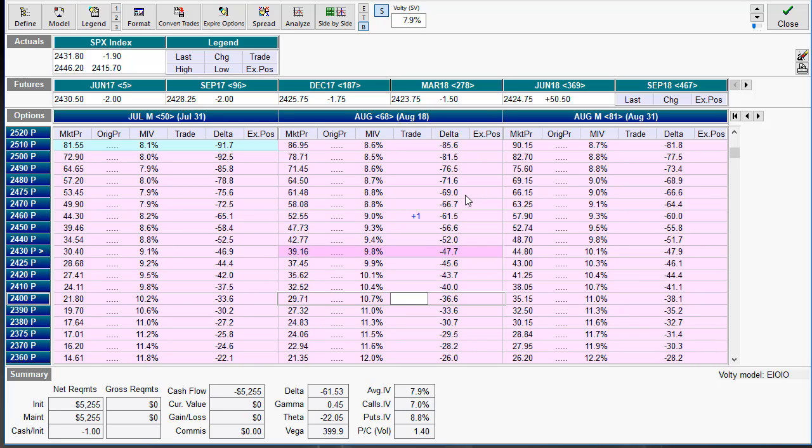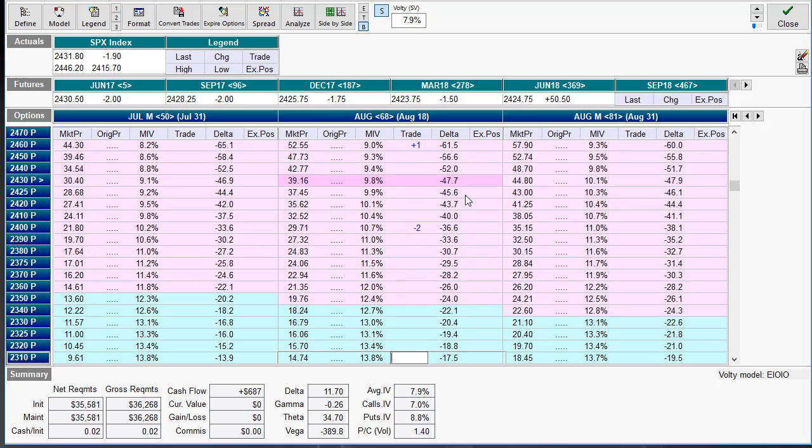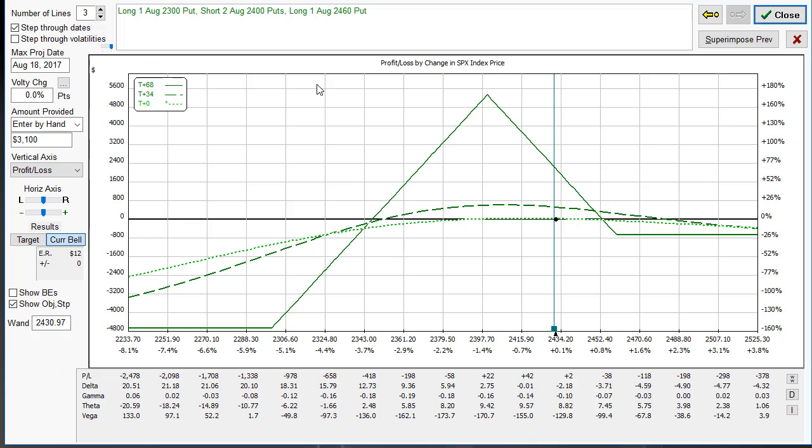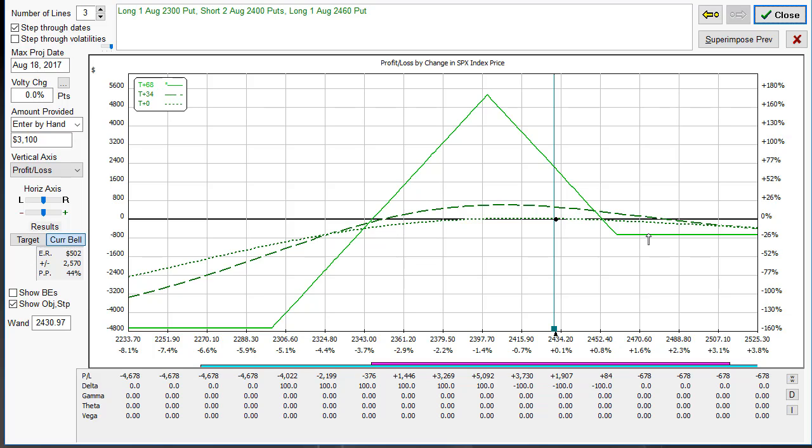We could go 60 points away and put our two here, and then we could go maybe 100 points away and put the other one here. Again, it's a much wider body, so the cost is going to be more, but it still gives you that same T+0 flatness while mitigating your risk. The upside will be less than the downside.